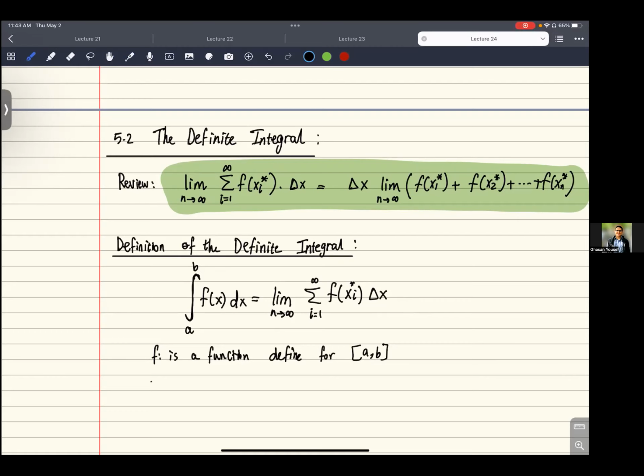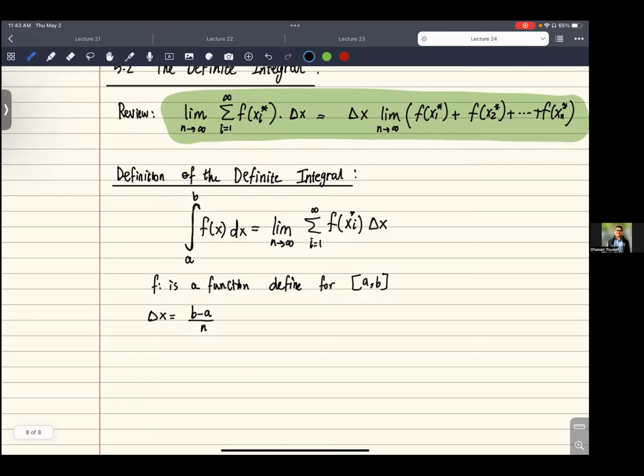Also, you should know delta x is the same as b minus a over n. And what is n here? n is the number of subintervals.